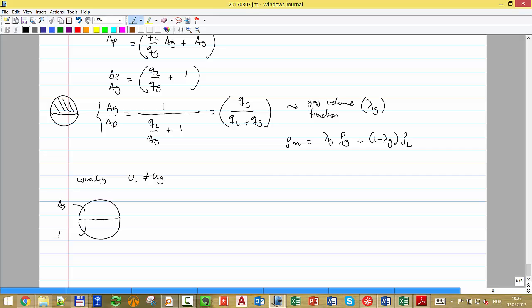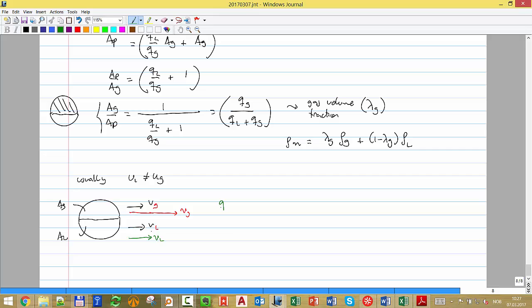Area of the gas and area of the liquid, and the two of them travel at the same speed, VL and VG. Sorry, nobody's correcting me, that should be VG and VL. But what happens now if VG is much higher than VL?